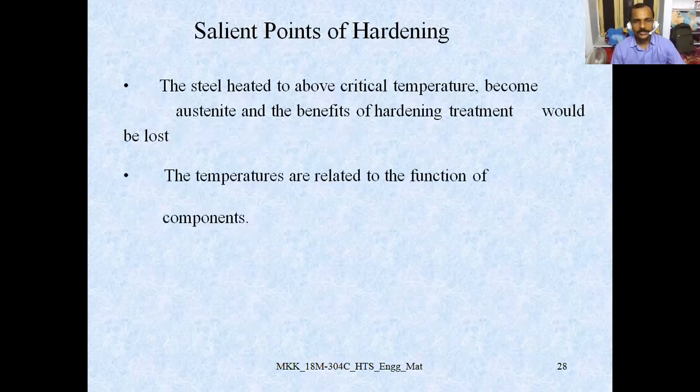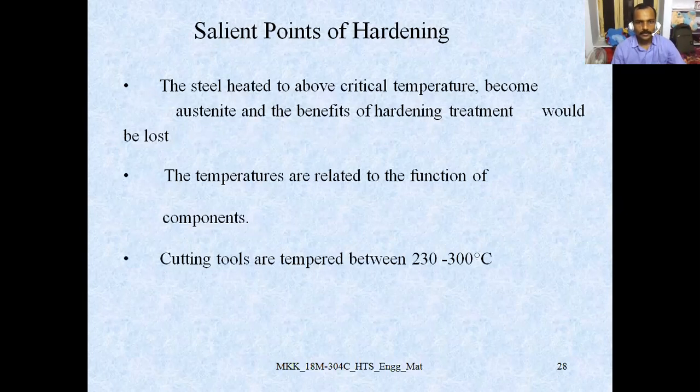The temperatures are related to the function of components. Cutting tools are tempered between 230 to 300 degrees centigrade. If you want to harden a particular steel for use as cutting tools, after hardening we require tempering at 230 to 300 degrees centigrade.